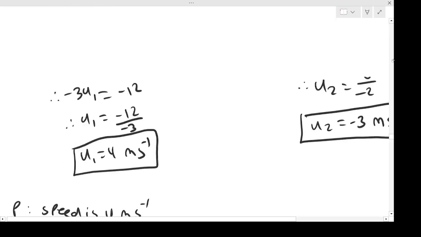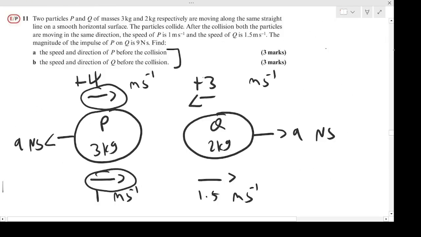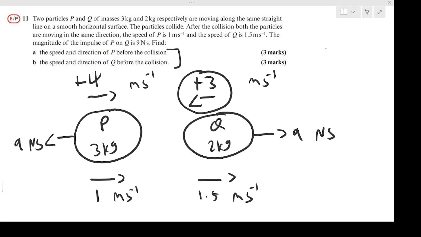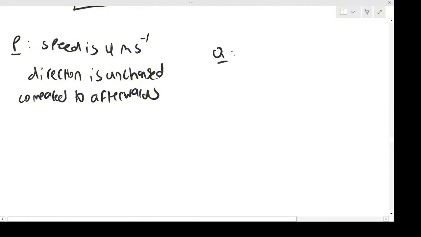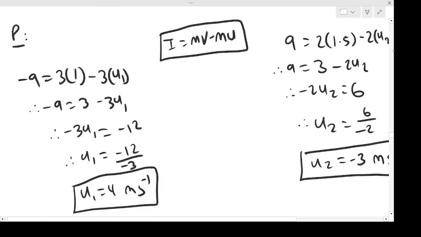Remember, I can't say it's going forwards, because, like in the last example, everything could be flipped. Then for Q, we can see the speed is 3. Then what about the direction?